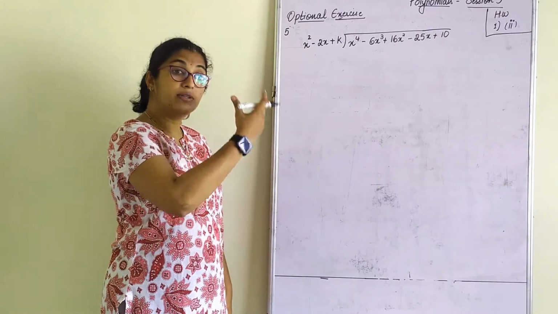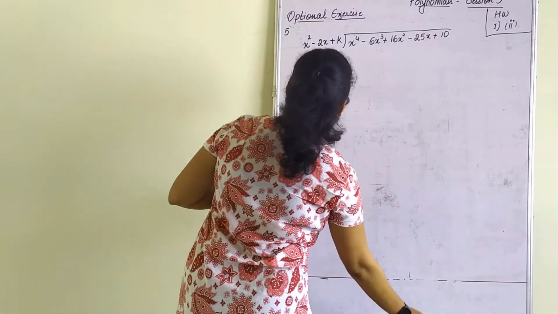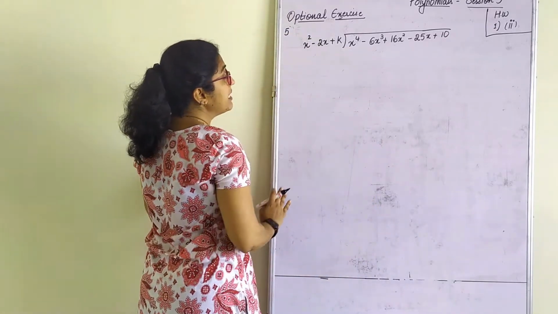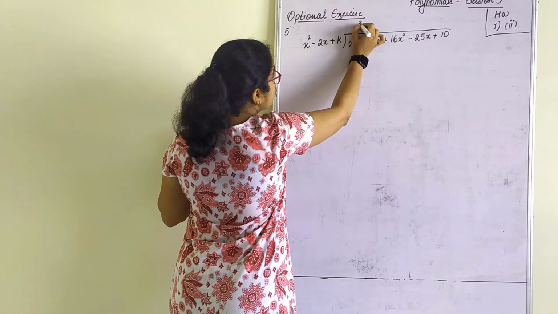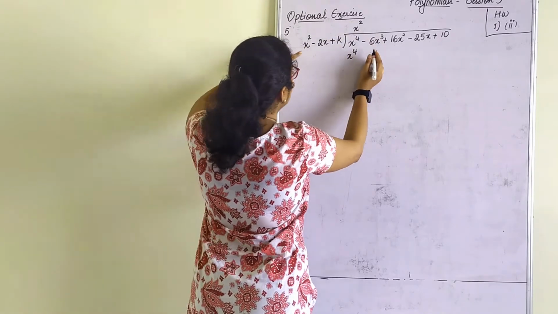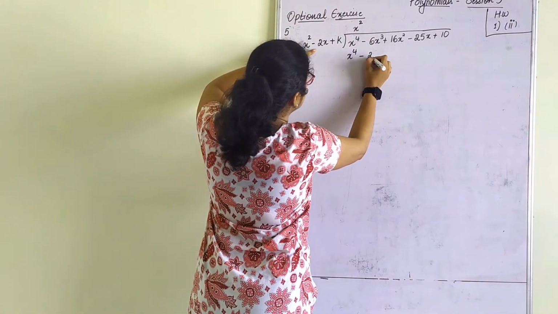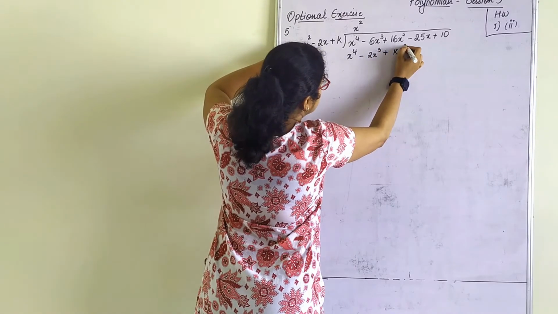So let's do this with the same usual long division method. Since we have to eliminate the first term, x into x squared will give you x raised to 4. x into minus 2x is minus 2x cubed, plus kx squared.